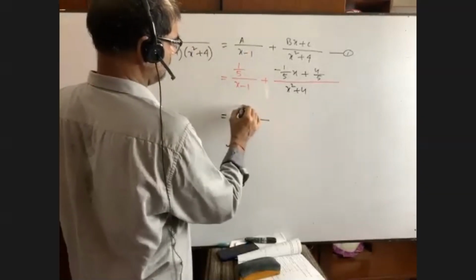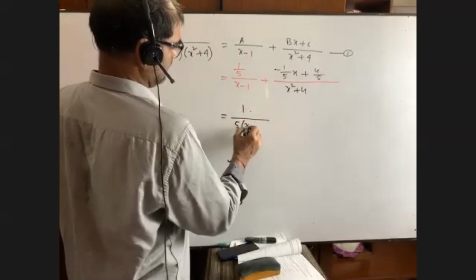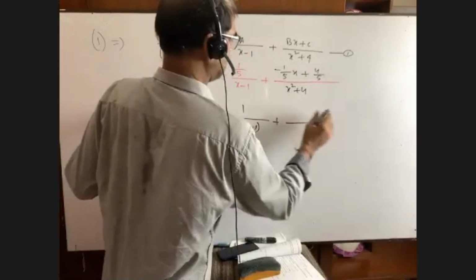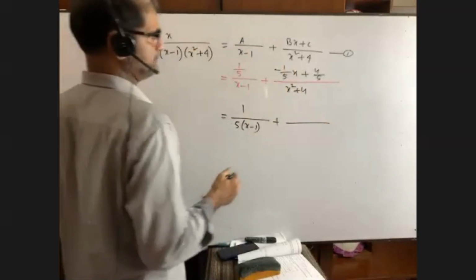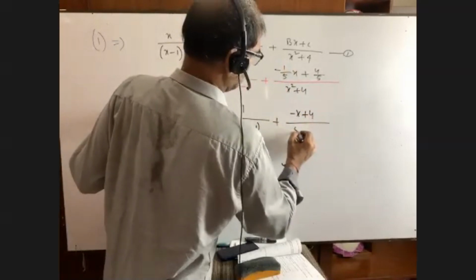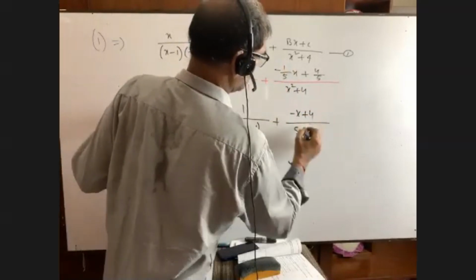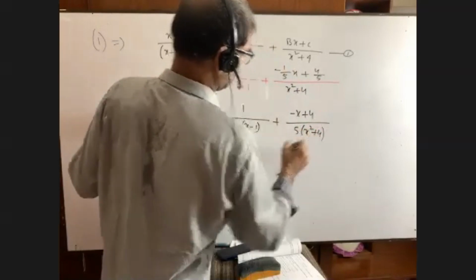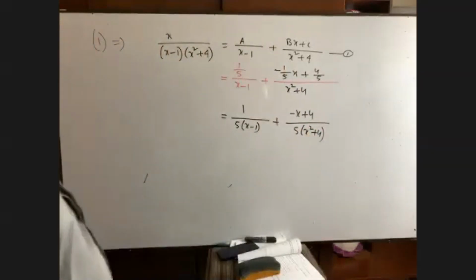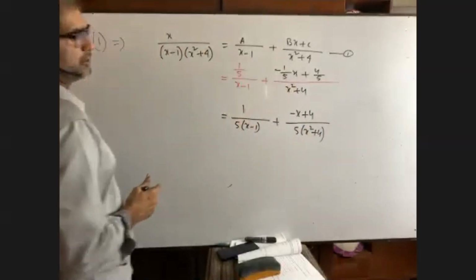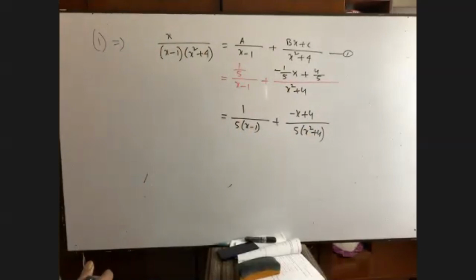We can write it 1 by 5 into x minus 1. Here, what can be taken common? 5 LCM. Minus x plus 4 by 5 into what? X square plus 4. Can you write? Take the LCM 5 in the numerator, so you'll be left with minus x plus 4.